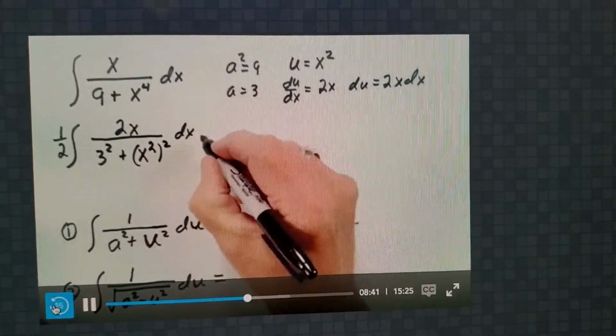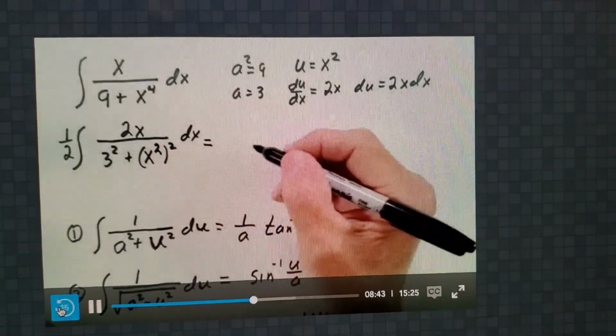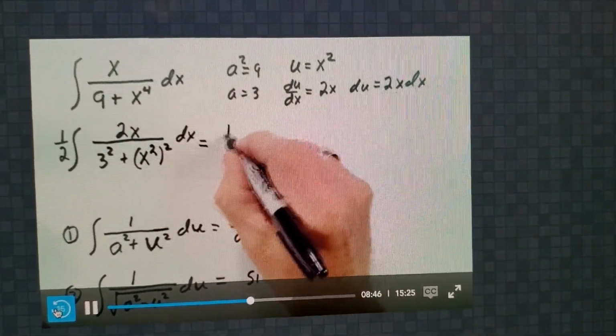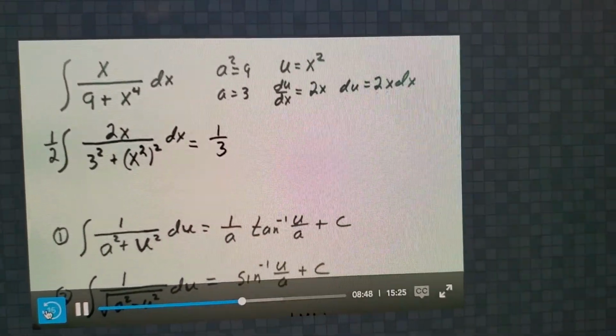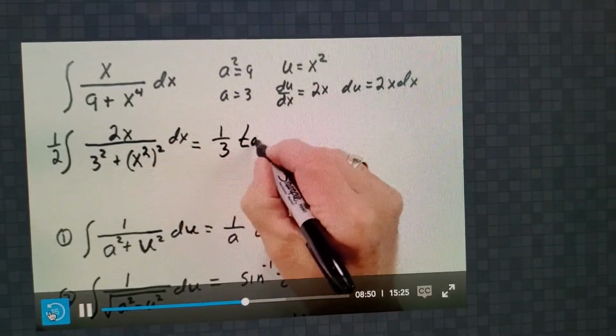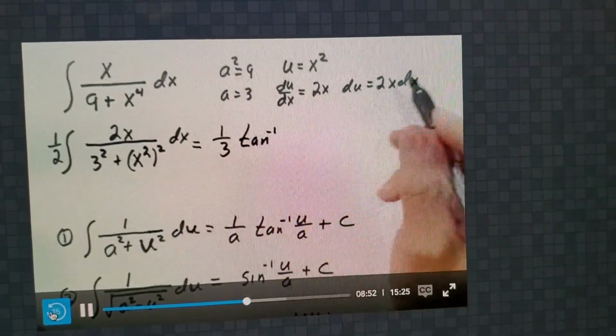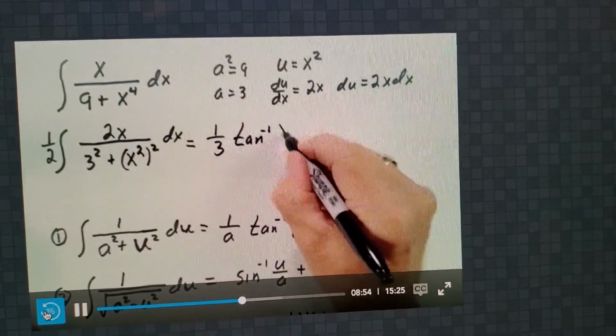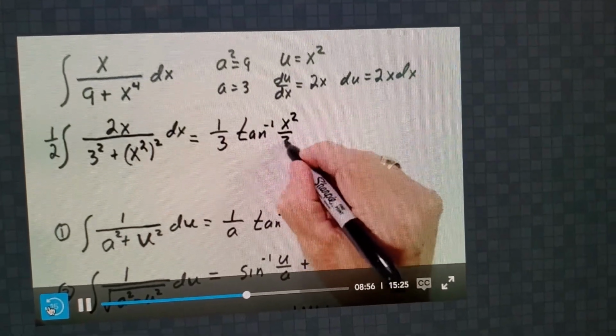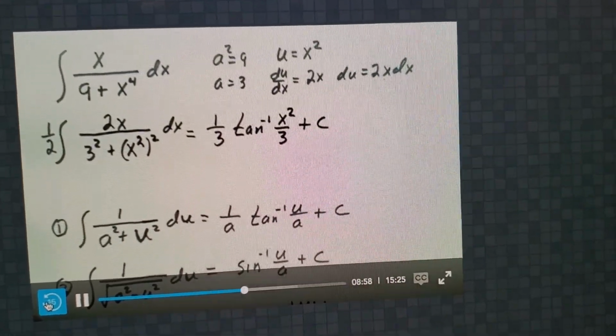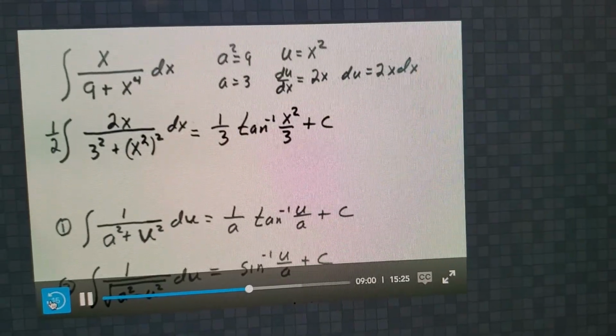So our formula says our answer is 1 over a, and a is 3, times the inverse tangent of u over a plus c. Okay?